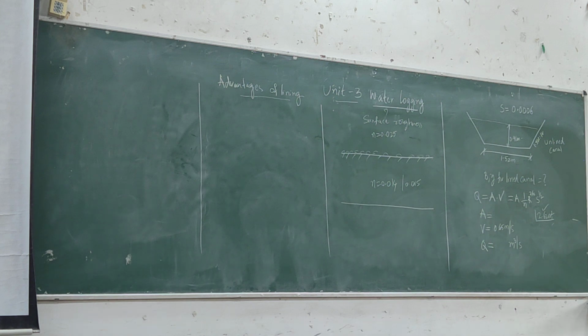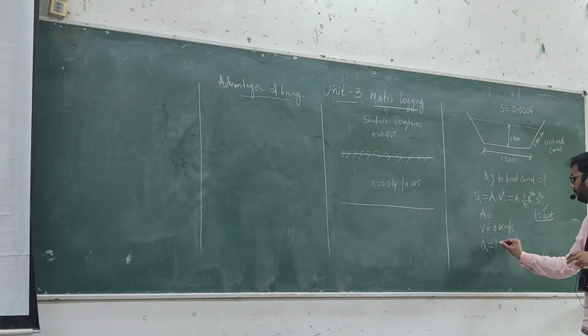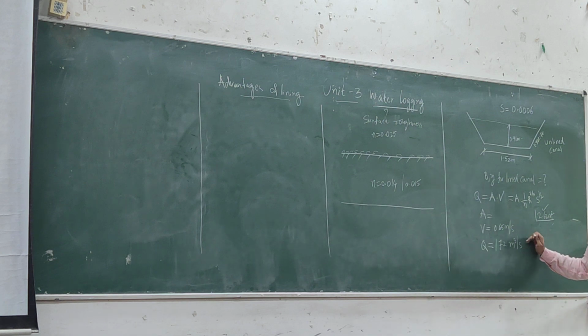So now what is the discharge? 1.7. So the discharge is 1.72 meter cube per second, and we need to design a channel for this discharge.